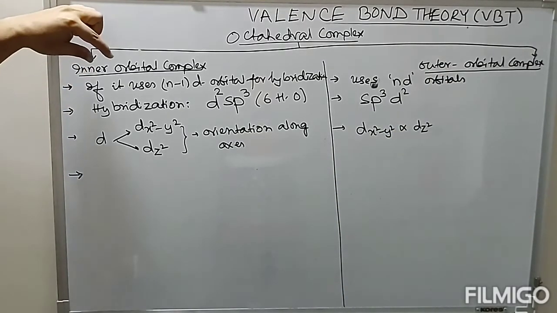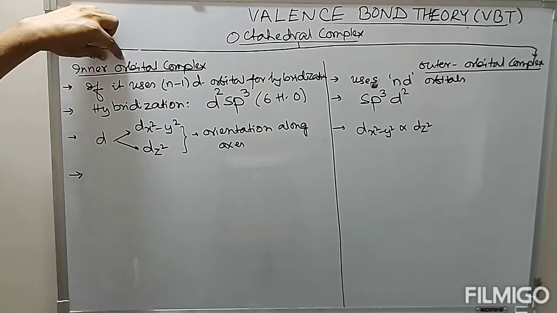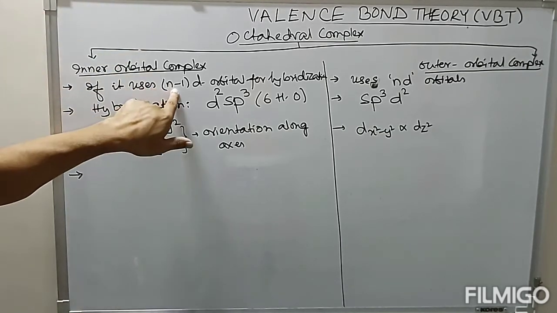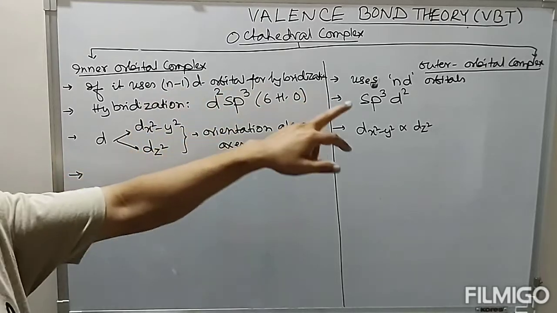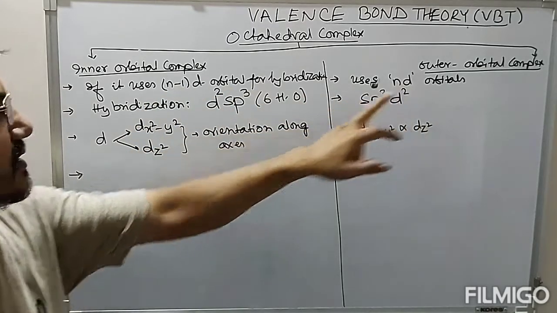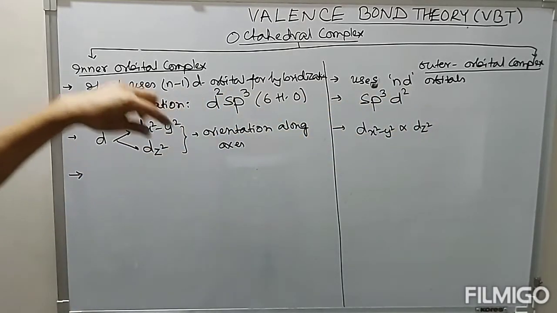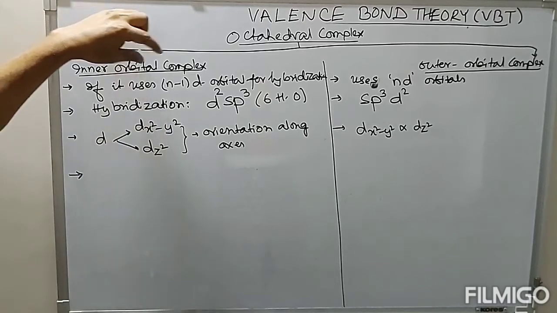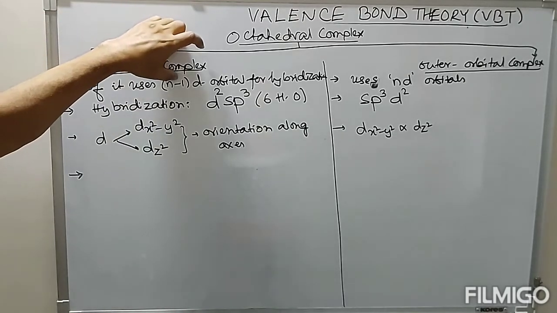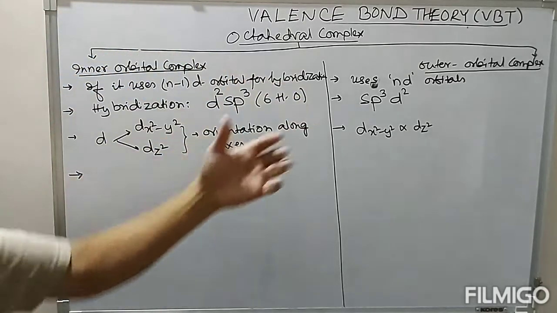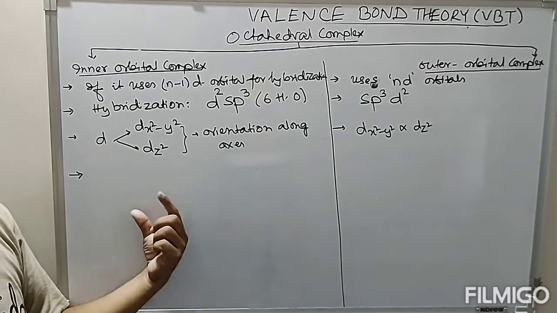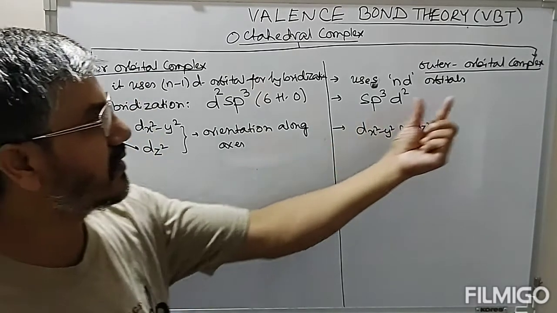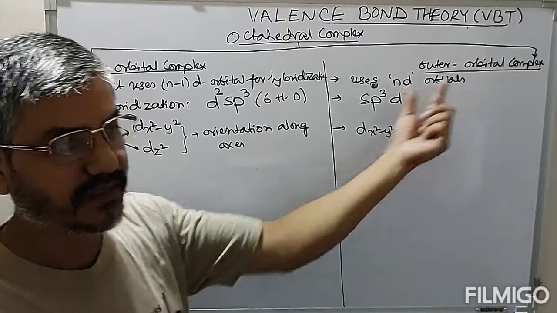Now look at this. This inner orbital complex uses the lower energy (n-1)d orbitals, because when we compare the energy of nd and (n-1)d, obviously the energy of the nd orbital is greater than (n-1)d. Since in this inner orbital complex the lower energy (n-1)d orbital is being used, the energy content is less than in the outer orbital complex.